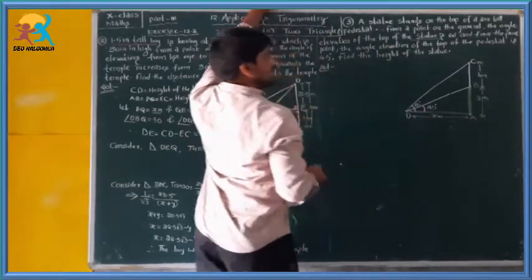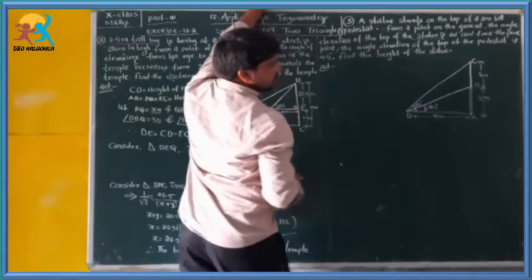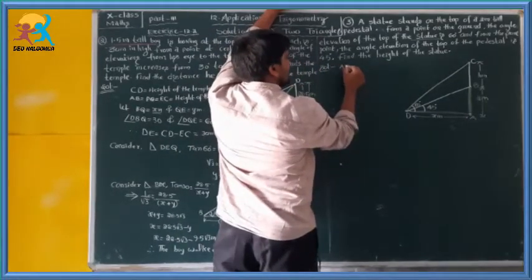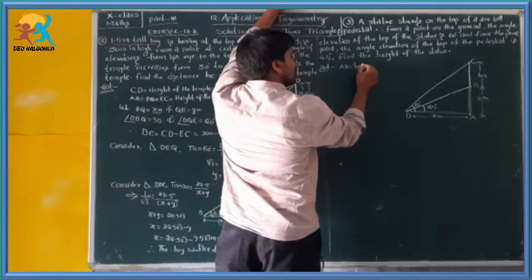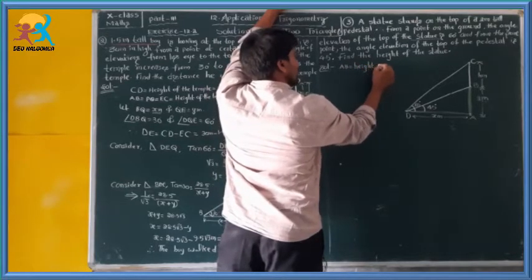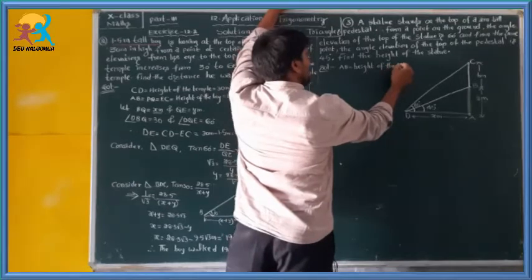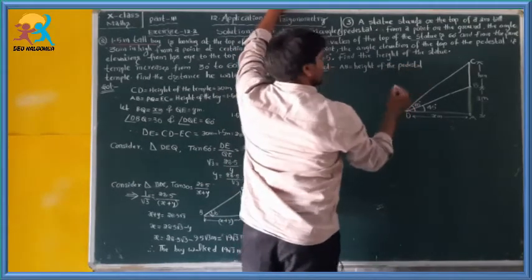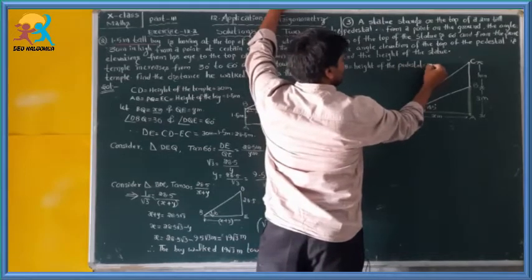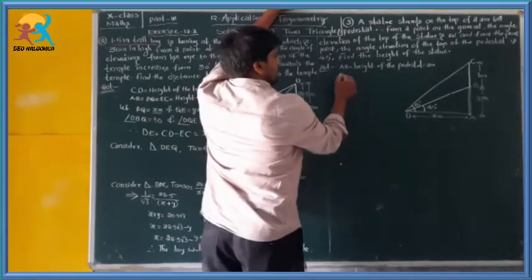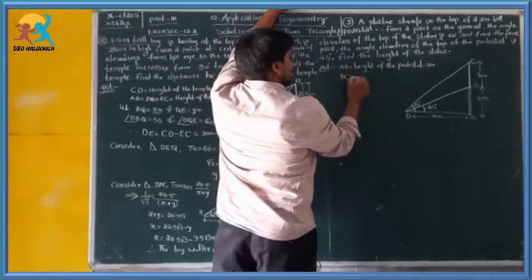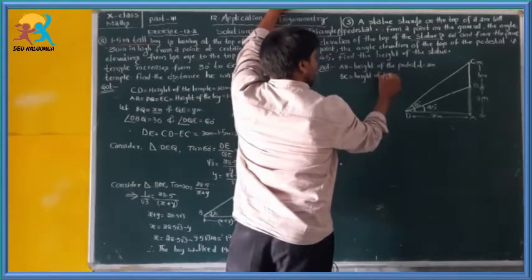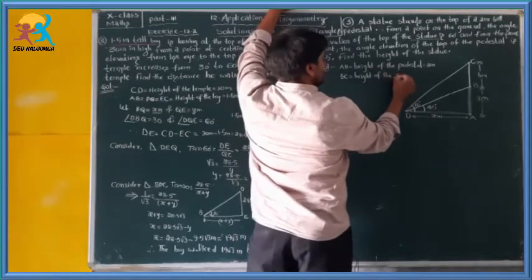AB is the height of the pedestal, which is given as 2 meters, and BC is the height of the statue.